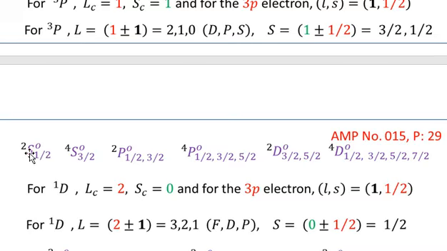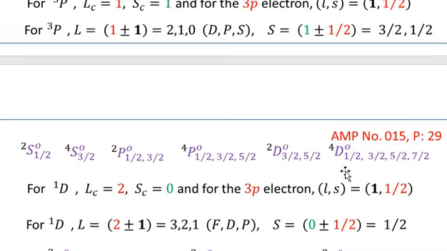The value of capital L is equal to 0 for the S term, and from the multiplicity 2, the value of capital S is equal to half. So the total value of J is equal to the mod of L plus minus S, that is, mod of 0 plus minus half, which is equal to half.